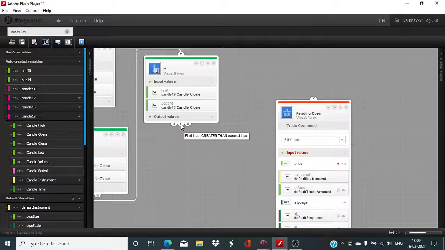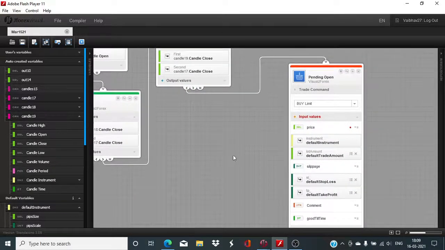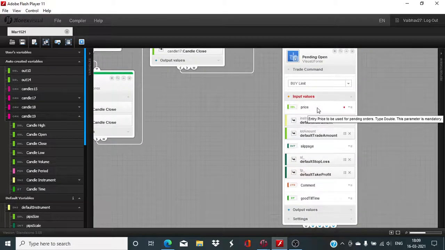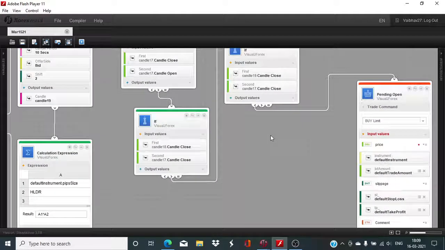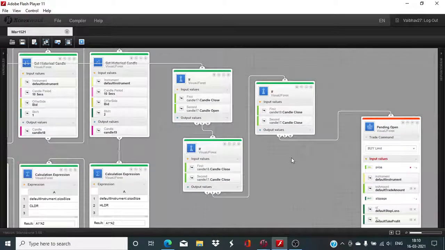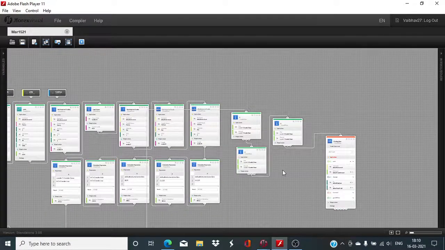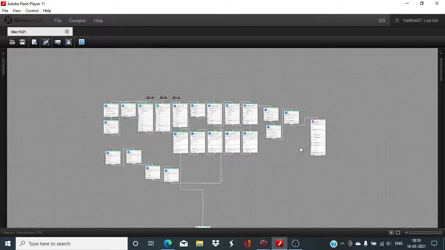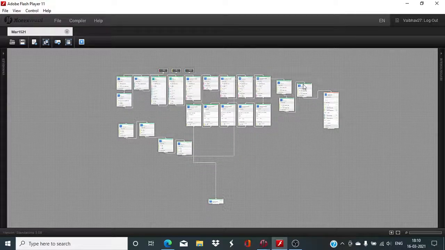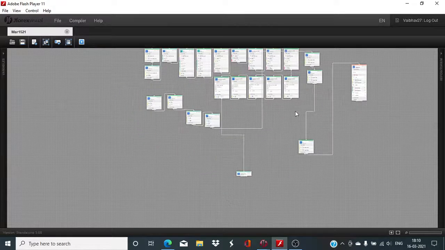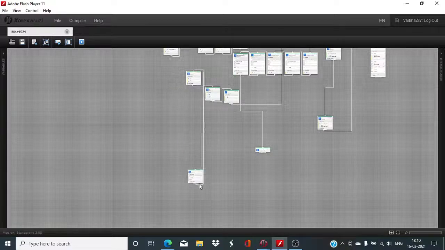We need first input less than second input, and for this we also have to define the entry point, which is going to be 7 pips from the low price.